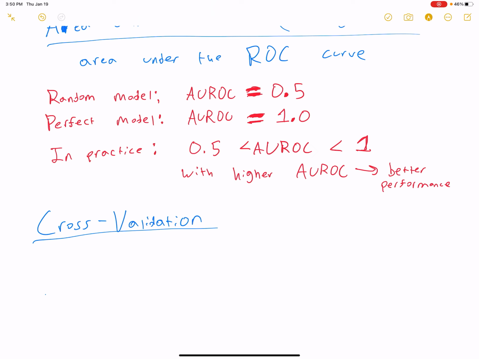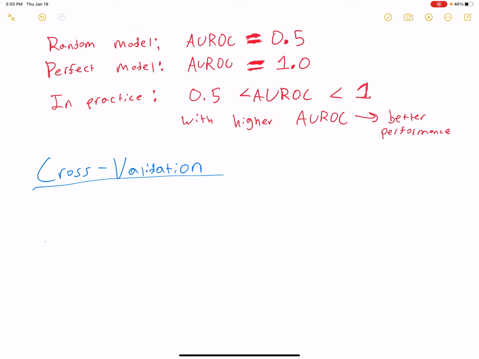This is a commonly used evaluation tool, where the issue is that, let's say you're splitting your data into a train set, validation set, test set. How you split up your data is kind of arbitrary. Just how your data points happen to be randomly ordered could affect things. What percentage you put in the train versus test can affect things.